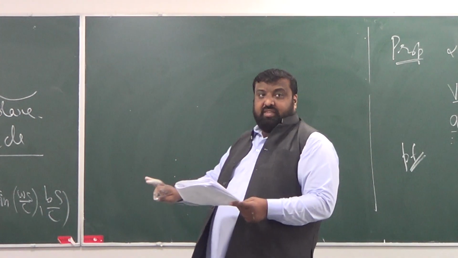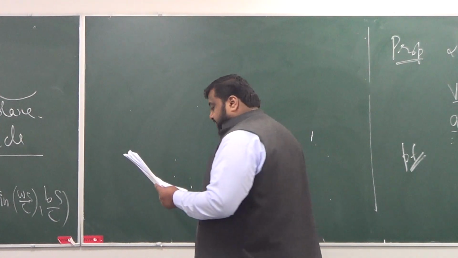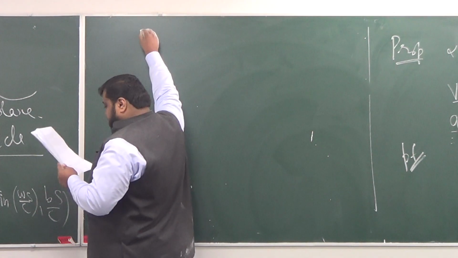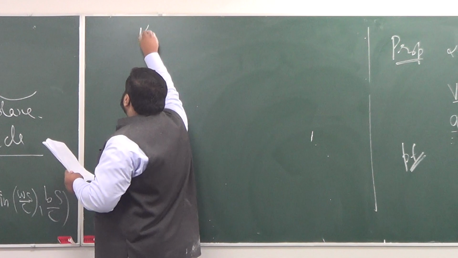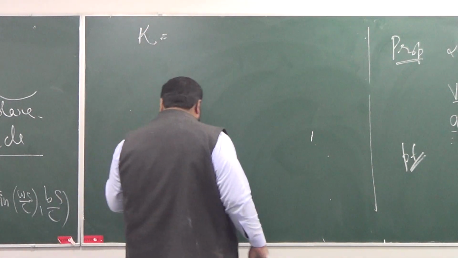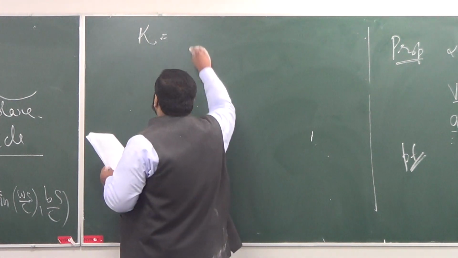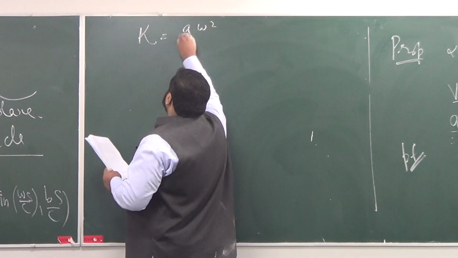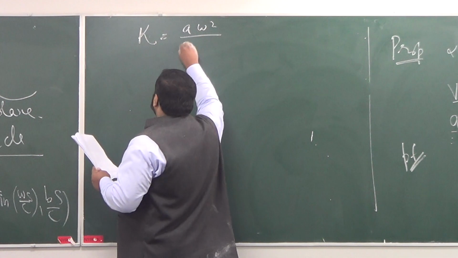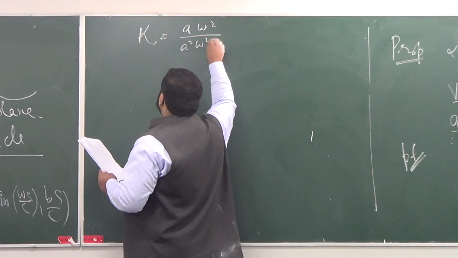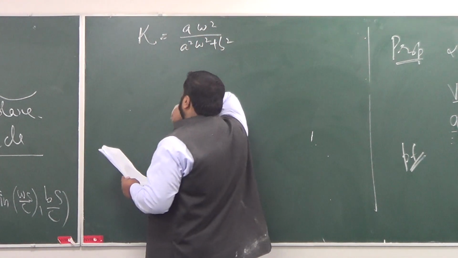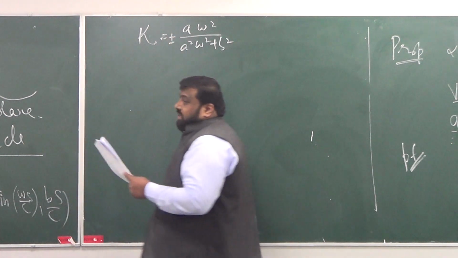I'm not computing it, you have to compute it for yourself. But if you compute the curvature of this helix, you're going to get omega squared over a squared omega squared plus b squared. And actually it would be plus or minus.